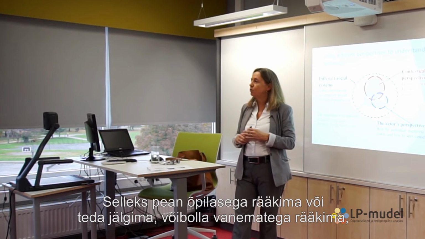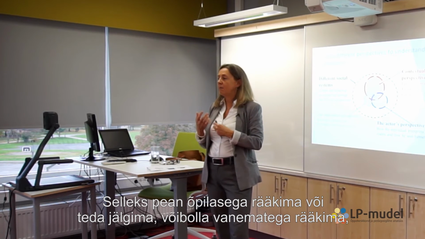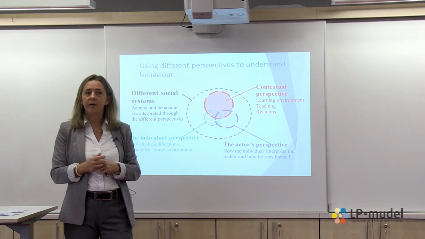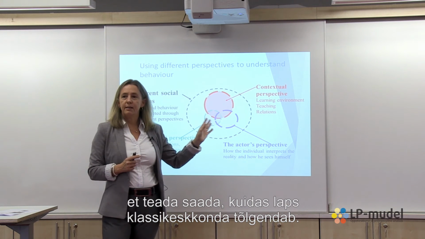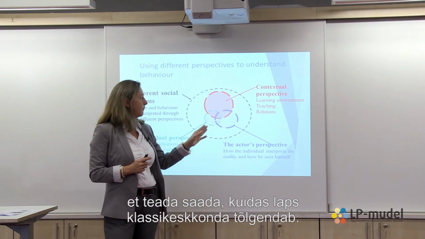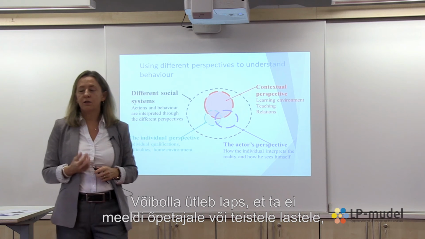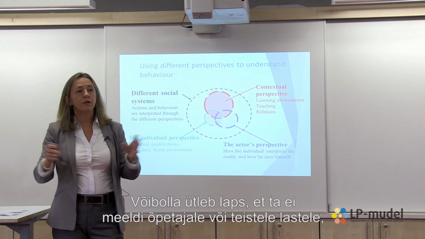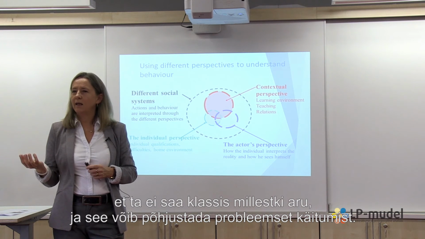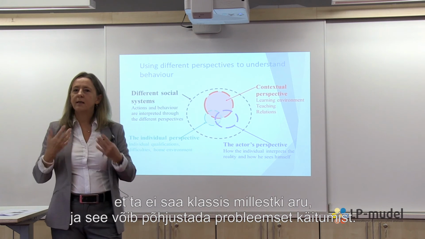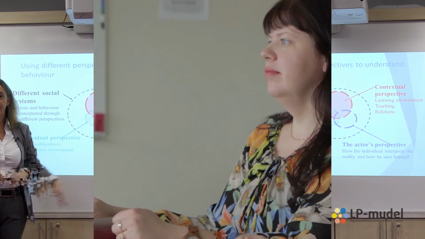This means I need to talk to the pupil or maybe observe or maybe talk to the parents to find out how he interprets his classroom environment. Maybe he will say, the teacher doesn't like me. The other children don't like me. I don't understand anything in the classroom. And these can be possible causes why he's misbehaving.